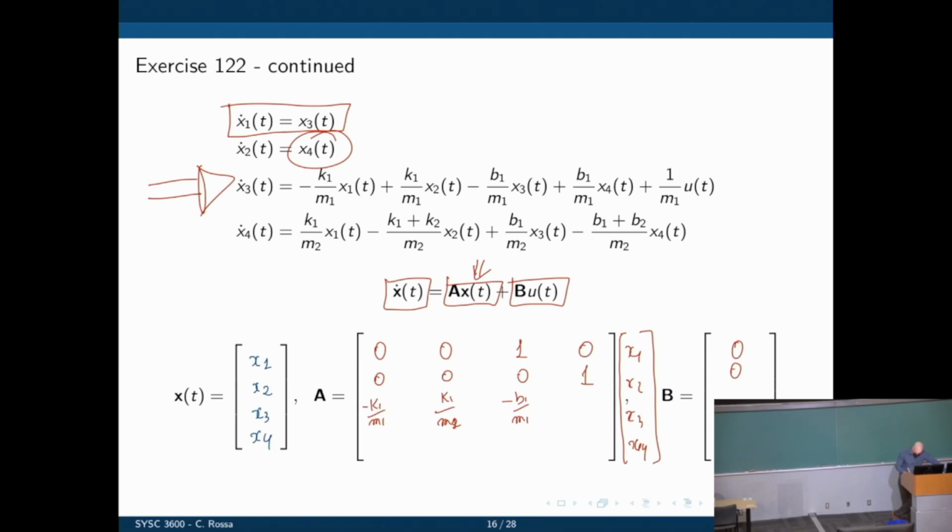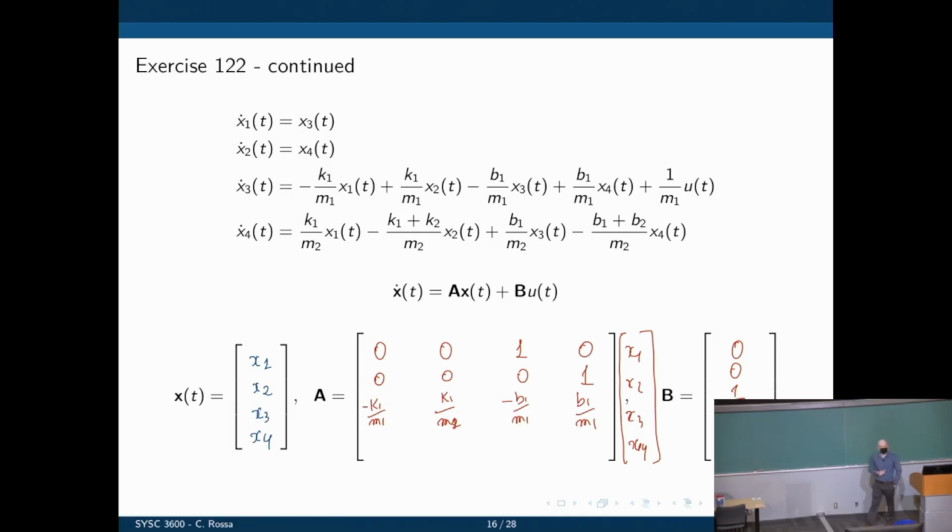And for x4, b1 over m1. And we see u of t showing up, and u of t is multiplied by 1 over m1. Any questions about that one? Does that one make sense?